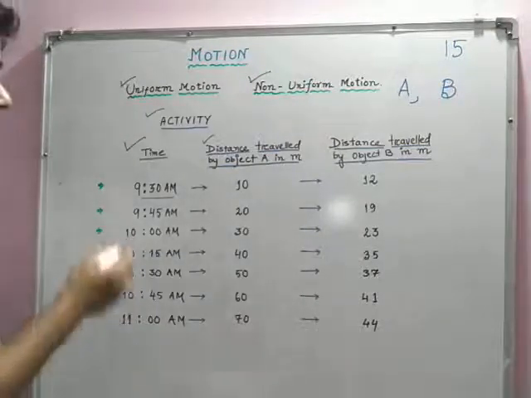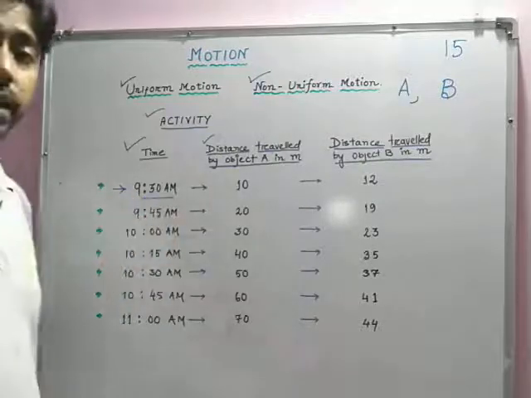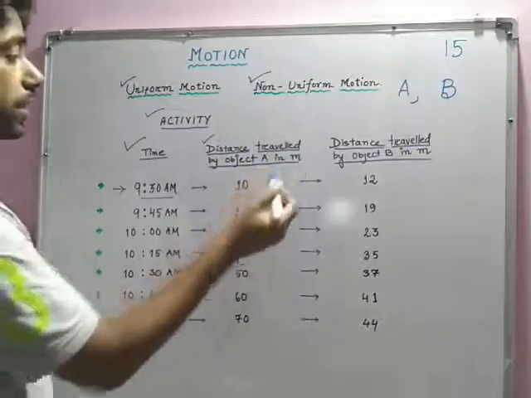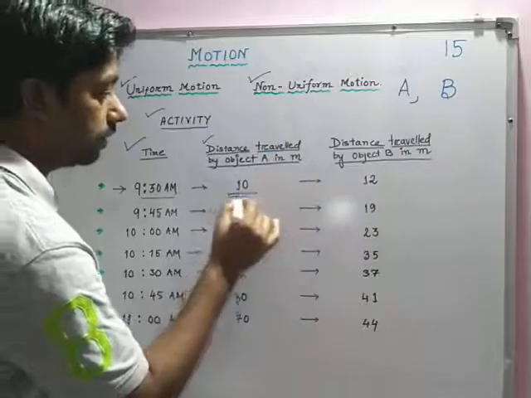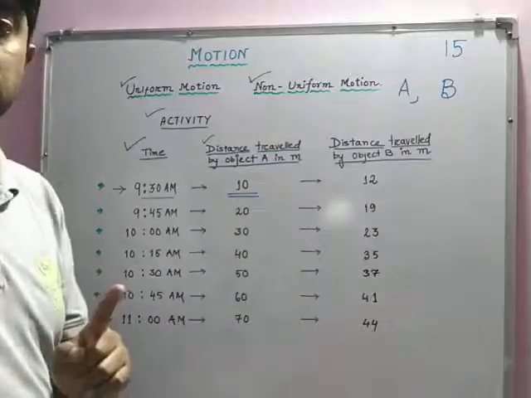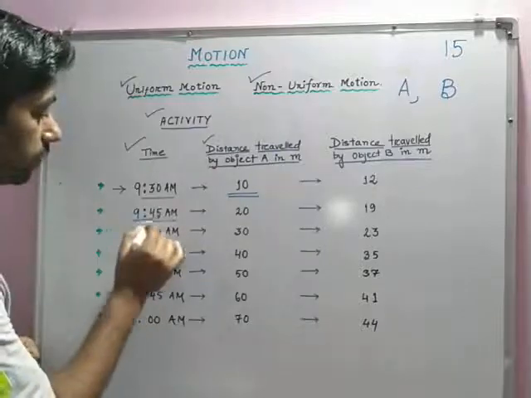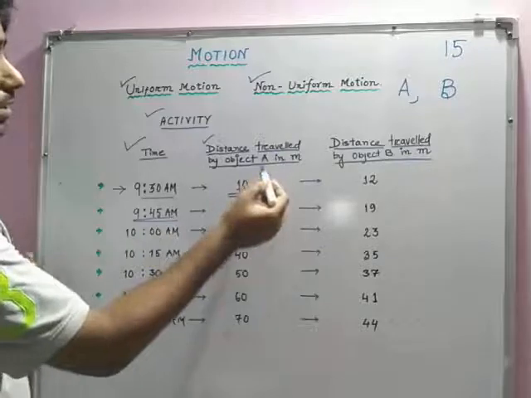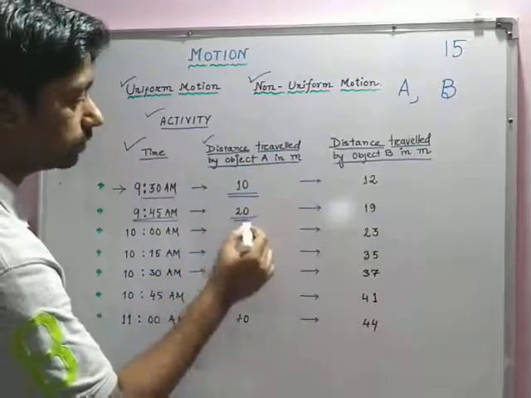Now let us consider this case. The time is 9:30 AM. The distance travelled by object A is 10 meters. At 9:45 AM, that means after 15 minutes, the distance travelled by object A is 20 meters.